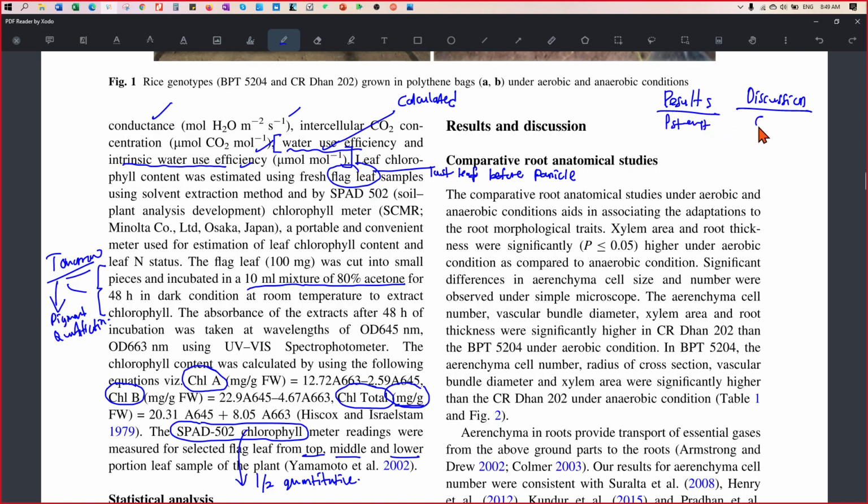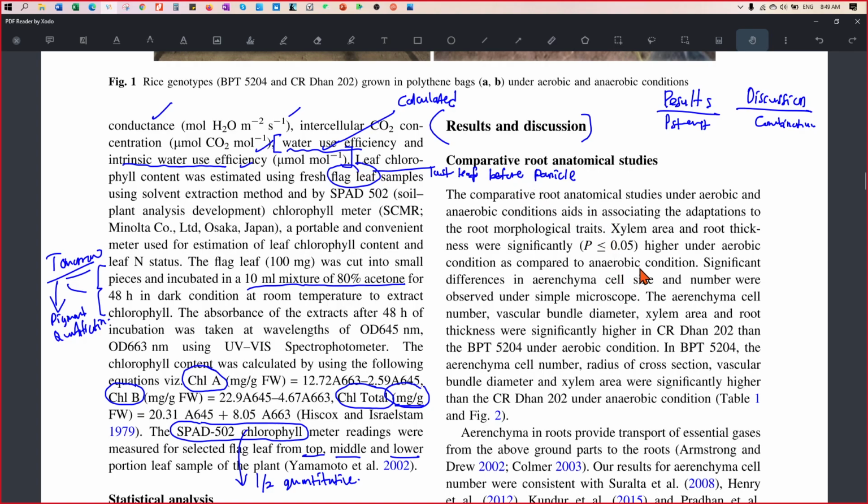Discussion is a combination in general. Because this paper combines results and discussion all in one go, you're going to see past, present, and future tense being used interchangeably from time to time. So there's no specific arrangement to that.